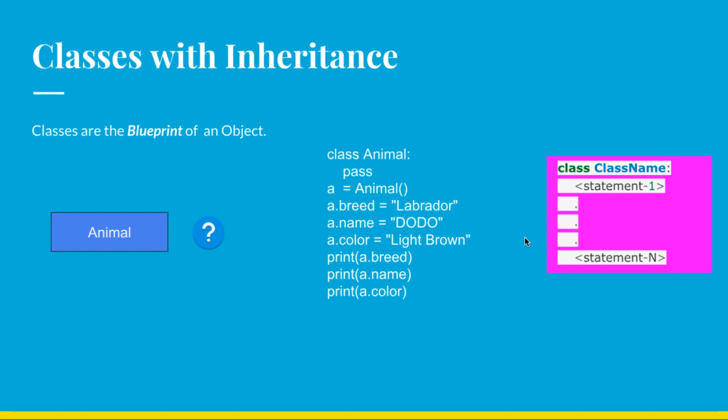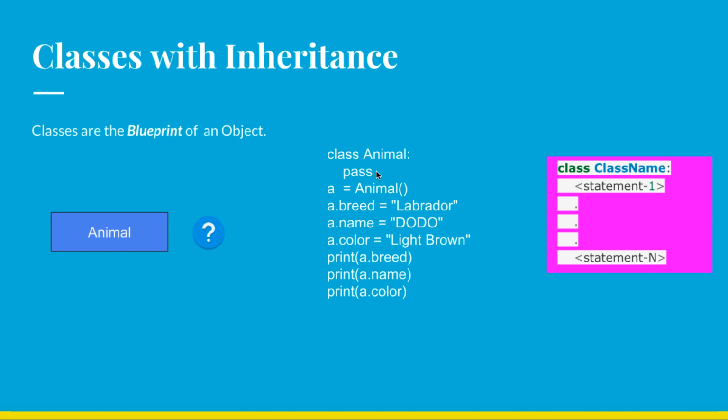So what you can do, you can create a class with the name Animal and pass. That means now when you're using pass, you are totally free to write your own way of what type of animal, what should be the name of that particular animal, what should be the breed, colors, and all.